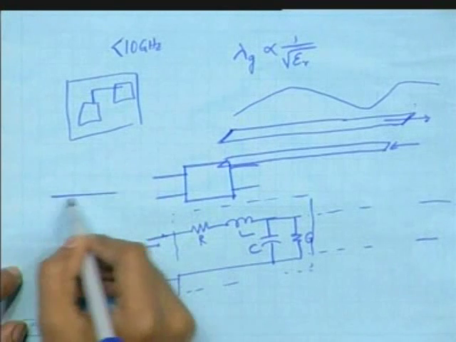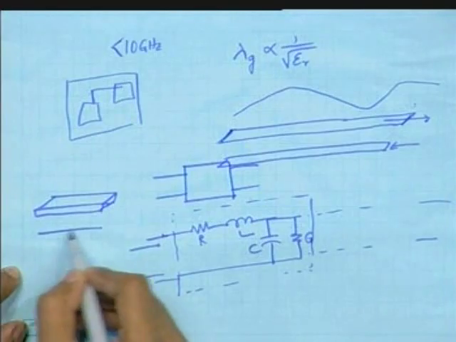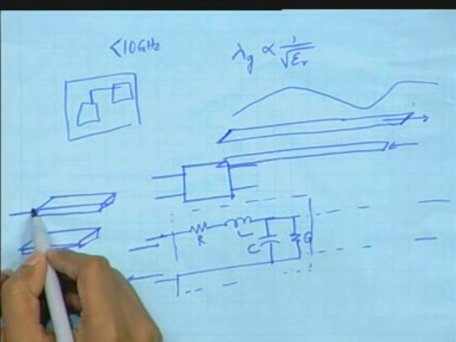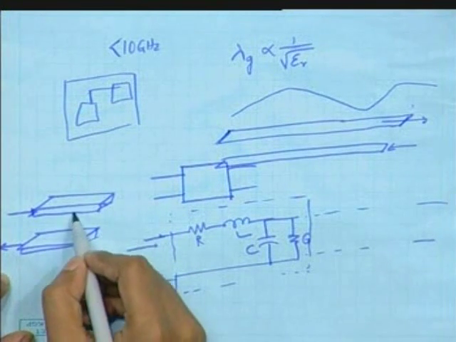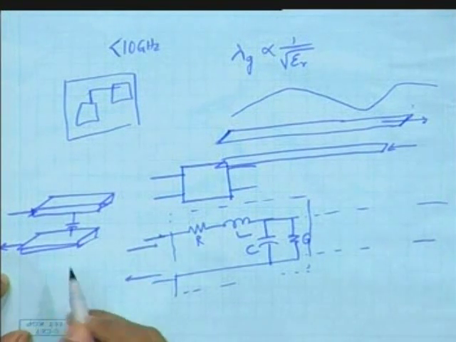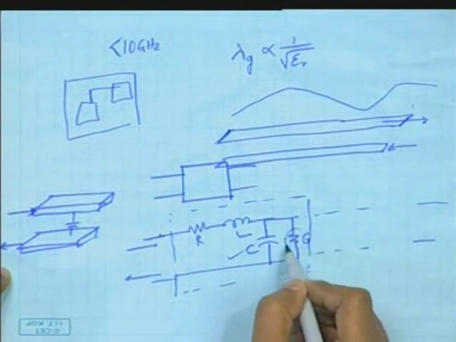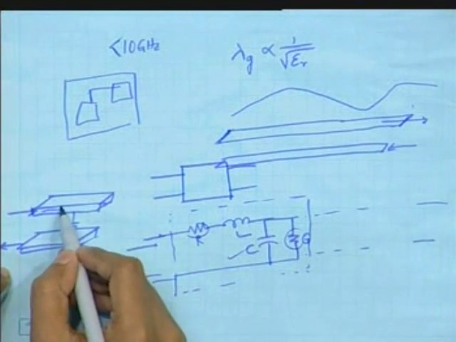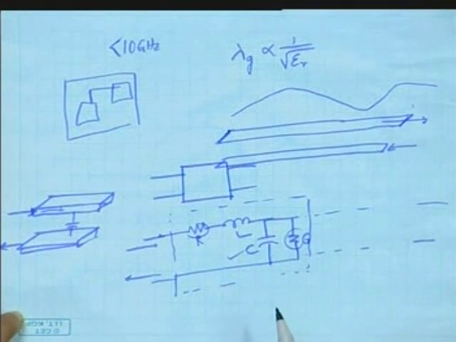Suppose this is one metal layer, say the topmost metal layer, and this is the signal path and this is the return path. The capacitance will be simply the capacitance between these two, so you know about C. The losses between these two layers will be G. The series loss due to currents flowing in this conductor will be R, and the inductance is always there.